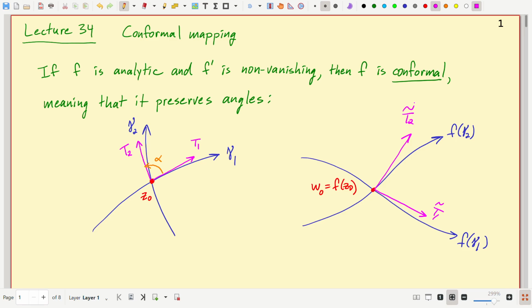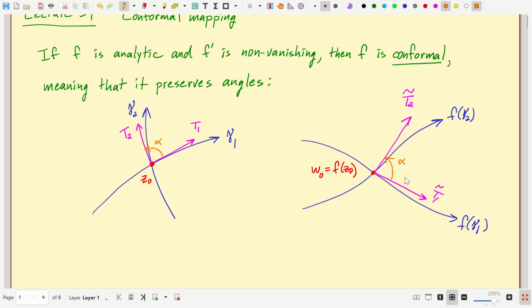Then, amazingly, this angle is going to be exactly the same, and going from number 1 to number 2 is also counterclockwise by the exact same angle. So that's what it means to be conformal. And it's a relatively simple thing to show that analytic functions satisfy this property. Any questions before I get into it?